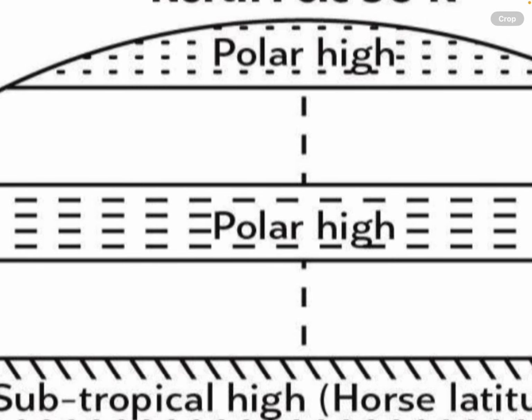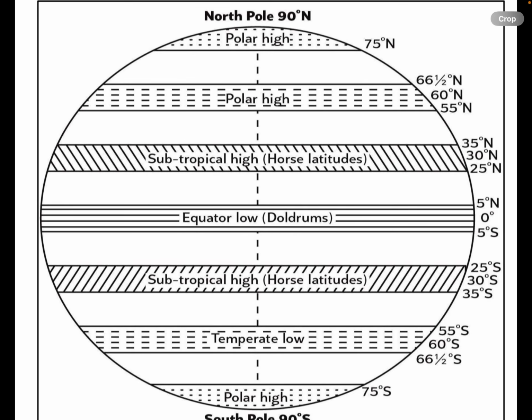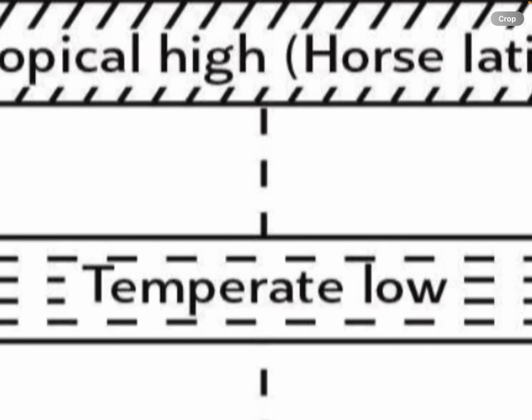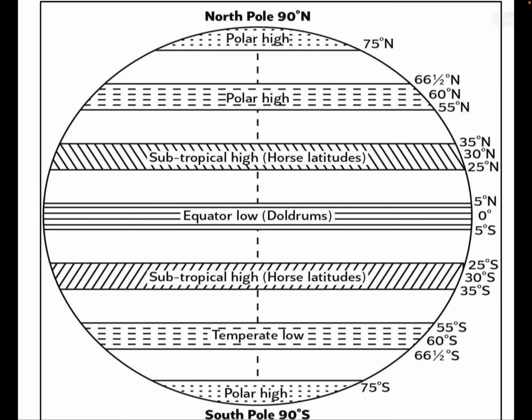Sorry, there is a correction here: this is not polar high, but the temperate low pressure belt, which is given here. The next and last is the polar high pressure belt.